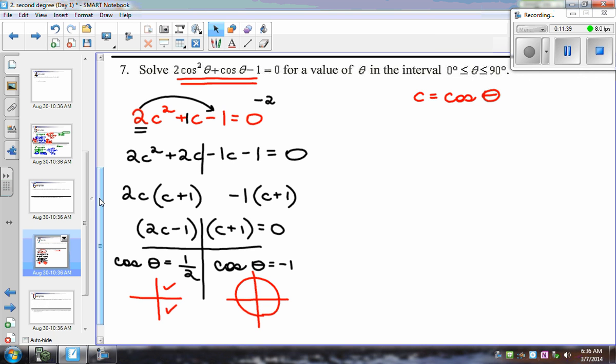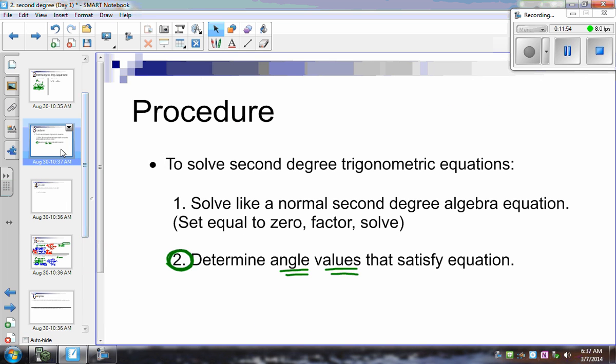And again, you guys can finish that one up on your own. But from there, hopefully you see how easy these equations really are. Regular standard form quadratics, set it equal to 0, factor and solve. But your final solution, once again, is going to be that angle value that we find either in the calculator or with our unit circle.